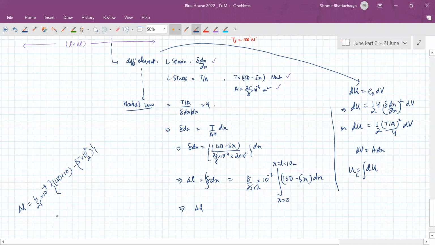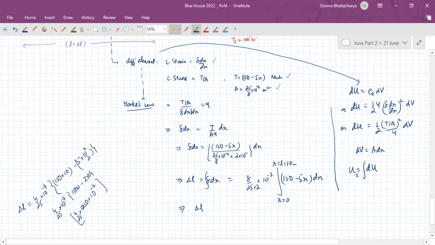So this will be 4 by 25 into 10 raised power minus 7 into 1500 minus 500 by 2, so that's 250. So 1250. Okay. So 4 by 25 into 1250 into 10 raised power minus 7. So that is going to give us our elongation, delta L, in meters.